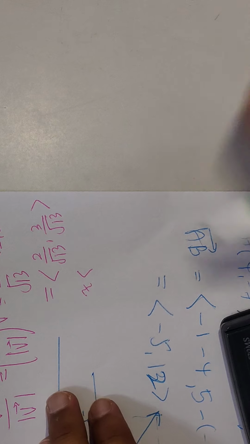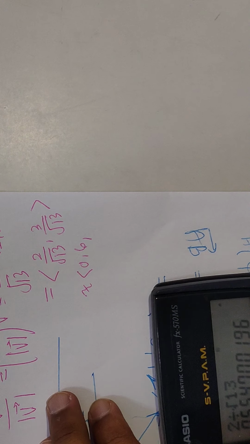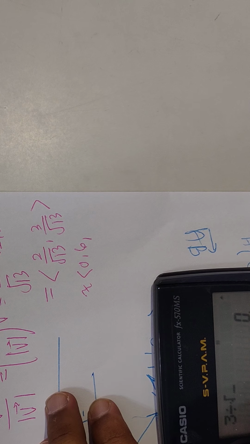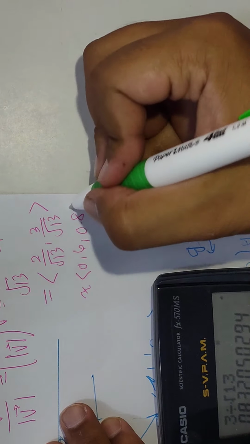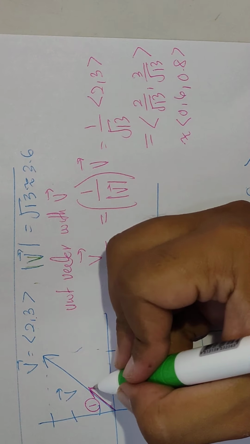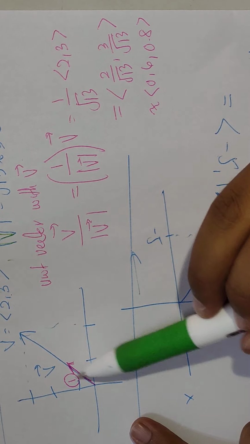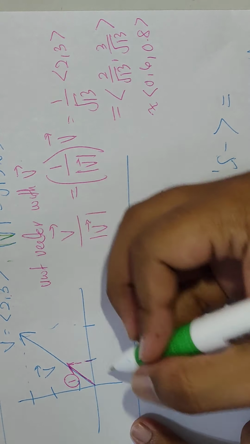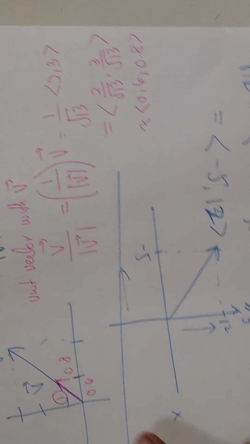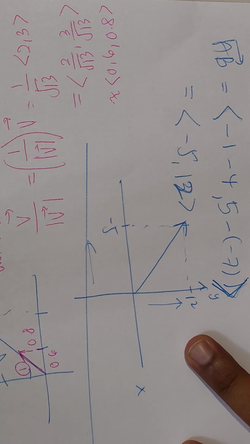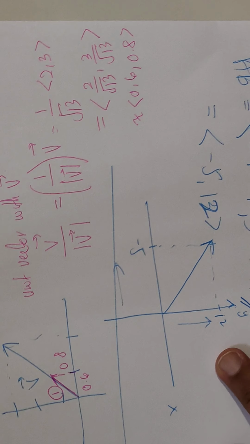It should be approximately 0.6. 3 divided by the square root of 13 will be approximately 0.8. Here, the unit vector in the direction of V will be (0.6, 0.8). This will be the unit vector.